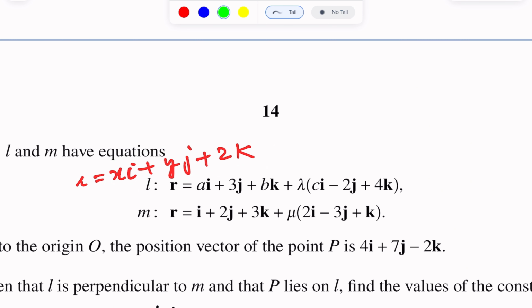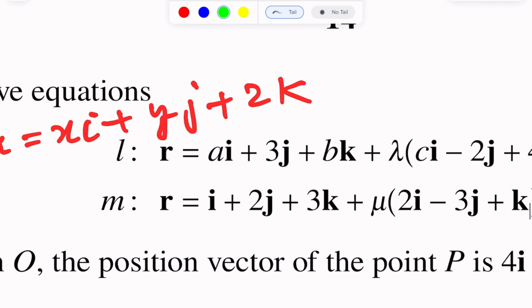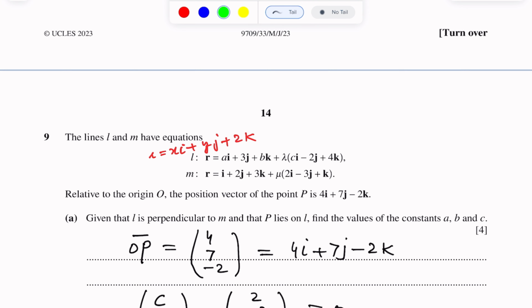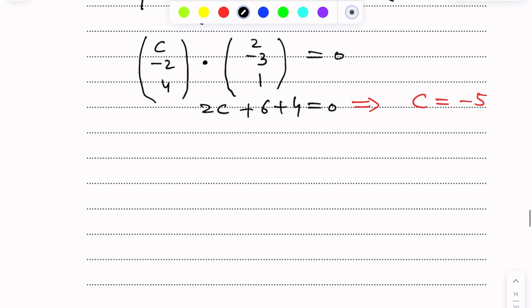This is r. Now we compare the coefficients of i, j and k, and we will get the coordinates of the general point on line L.